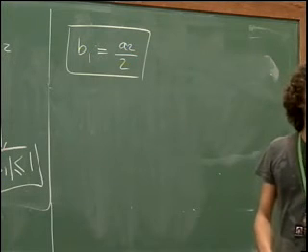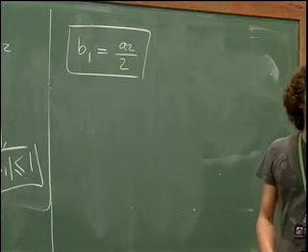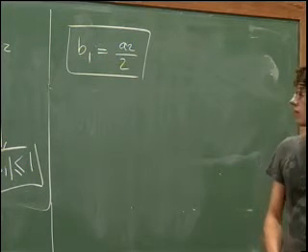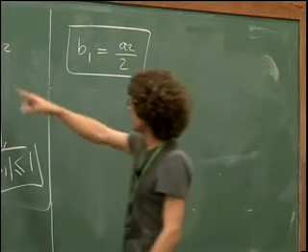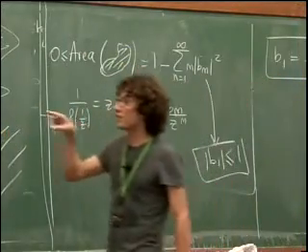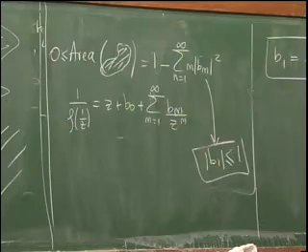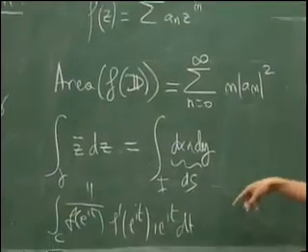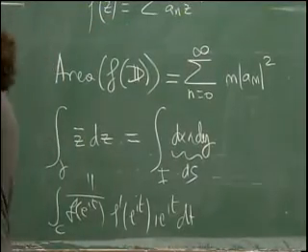And yes? This one or this one? This one. It's exactly the same reasoning. I mean, here I cheated more than once in this proof, because I don't know if the function is holomorphic on the boundary.